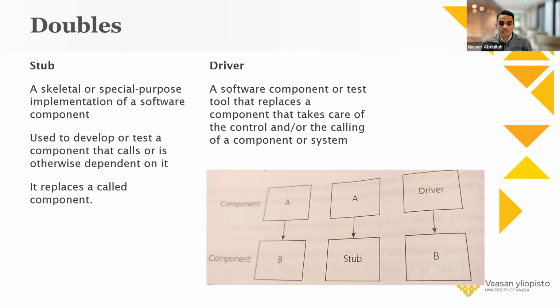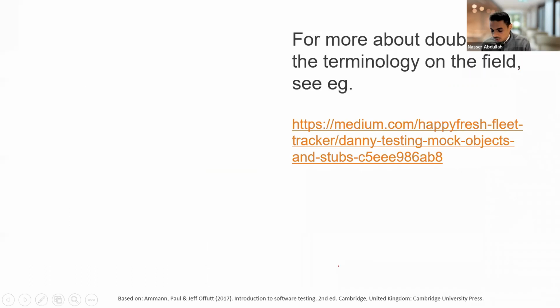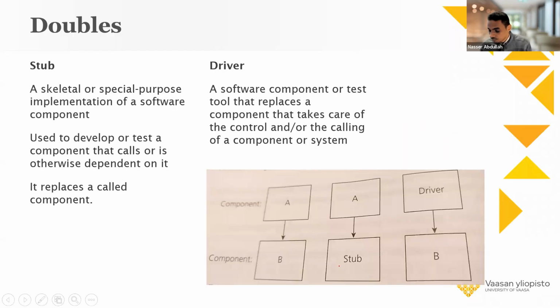Say you want to test A, but B is not ready. So you create dummy code to do the function of B. This code is called a stub.